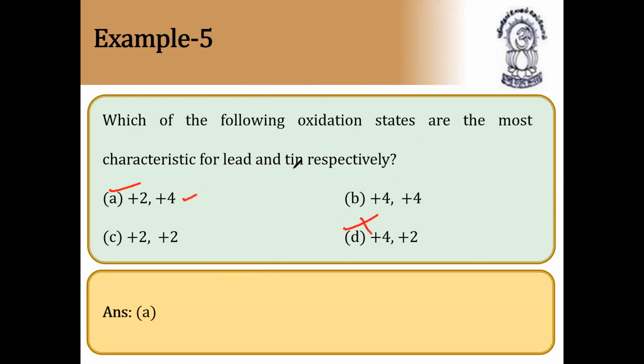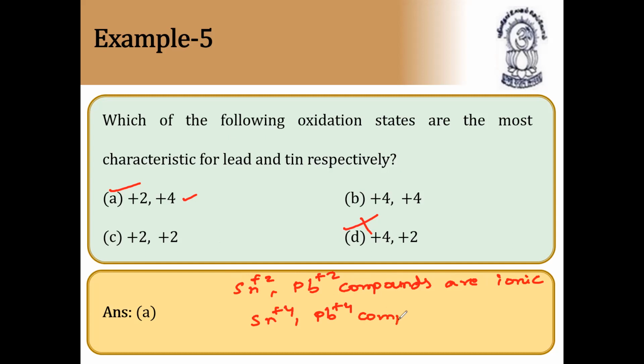For tin and lead, the plus 2 compounds are ionic in nature, whereas the plus 4 compounds are covalent in nature.